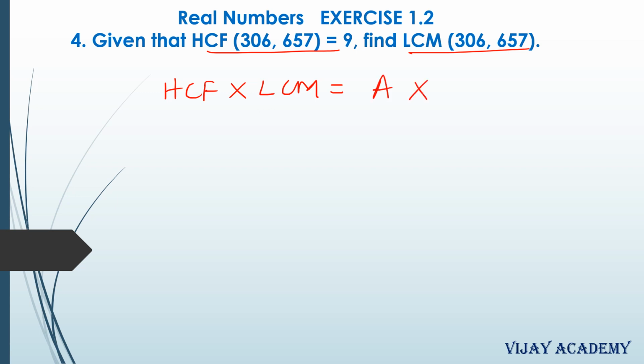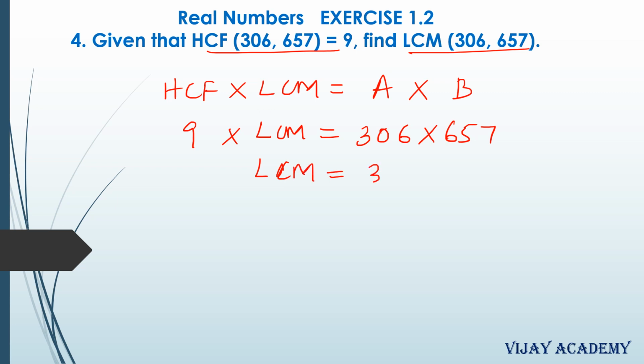So let me take the product of the two numbers as A and B, that is A into B. So now let me substitute all the values here. So HCF is given, which is 9, and we need to find the LCM. So write this as it is, and the two numbers are 306 and 657. Transpose 9 to RHS. So we get LCM equals 306 into 657 divided by 9.